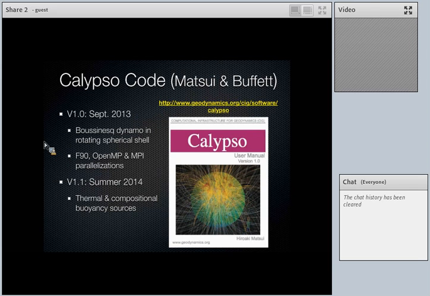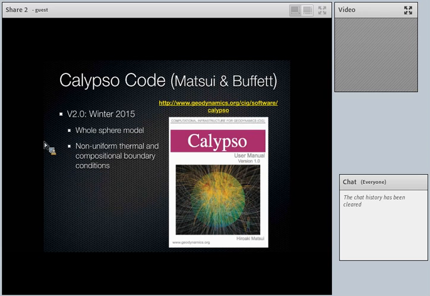In the summer of 2014, so within the next couple months, there will be, I think it's version 1.1, I forget exactly if that's the right numbering, but the code will then be able to solve for 2 different buoyancy sources, so 2 different sources of buoyancy diffusing on different timescales, such as thermal buoyancy and compositional buoyancy, and that's interesting for core problems.